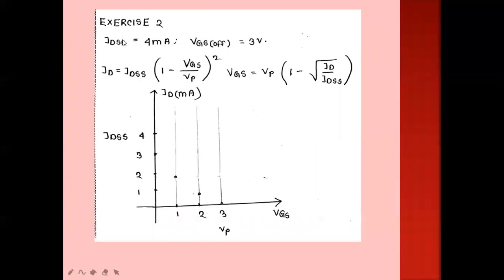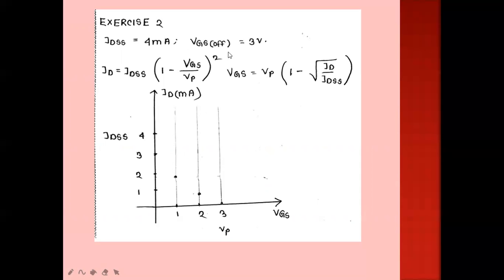Next, there is another problem, that is IDSS equals 4 milliampere and here the VGS(off) is 3 volt. Here VGS is positive, so it is the P-channel JFET. We have our Shockley's equation. This will be the same for these two values, IDSS 4 milliampere and VGS of 3 volt. We just put the values here and find out the points.